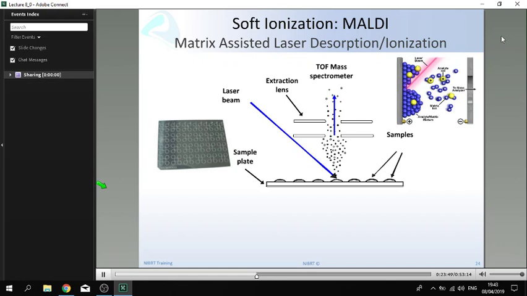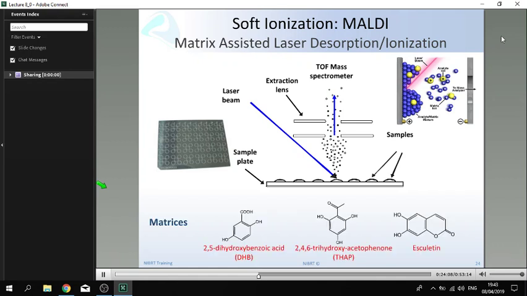Then we use a laser beam to ionize the matrix, and once we ionize the matrix, our sample will get charged because the charge is passed to it from the matrix.